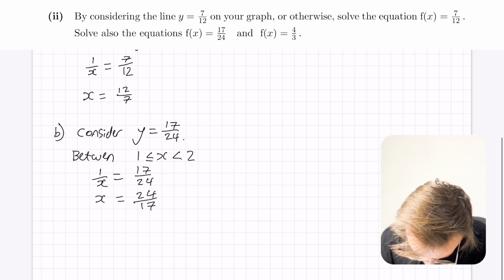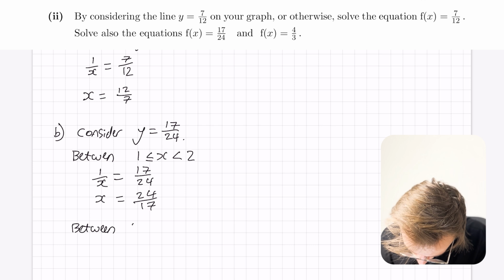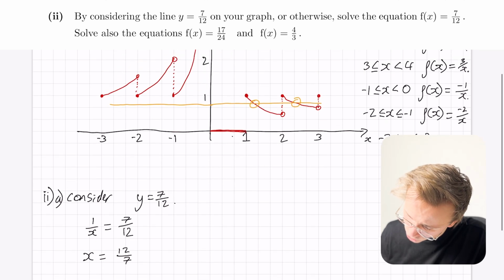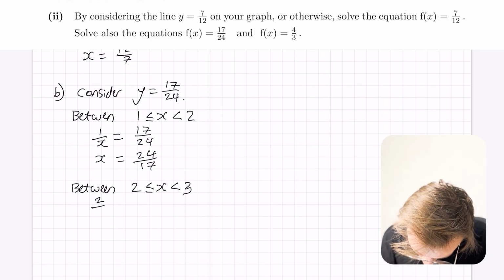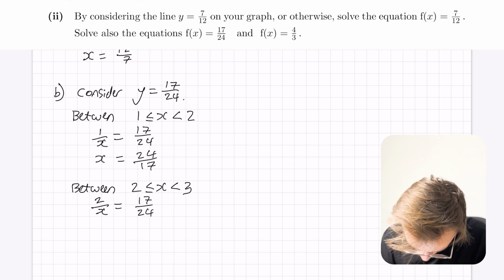And then between 2 less than or equal to x less than 3, we have actually the equation from above was 2 over x. So I have 2 over x equals 17 over 24, which means that x equals, well, it's 48 over 17.